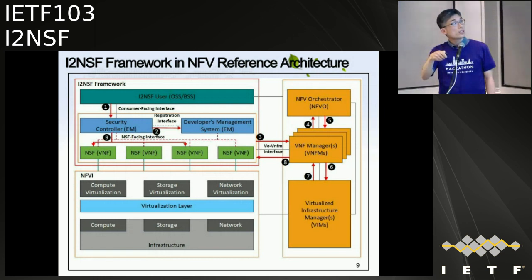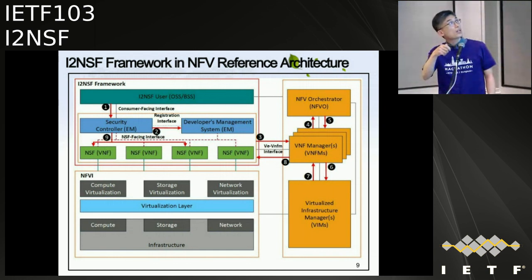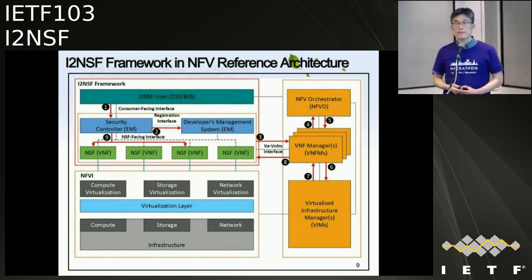Okay, and then it is delivered to that message. This one eventually registers the access information such as IP address, port number, and protocol, to be used to translate the user's high-level policy into a low-level NSF policy. Okay, and then configure using the NETCONF protocol.